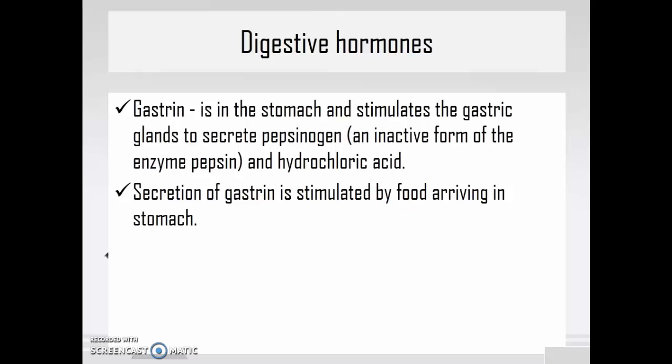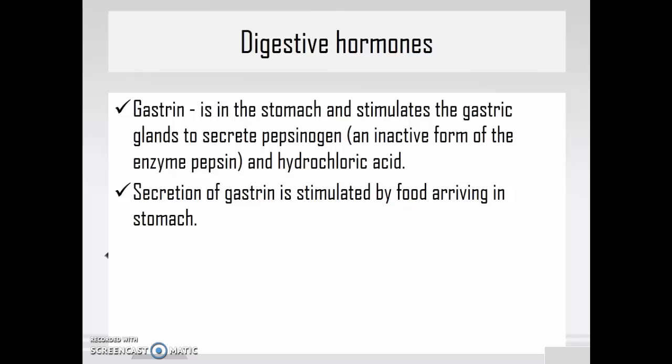And hydrochloric acid: why do we need this acid in the stomach? It neutralizes bacteria that might have reached the stomach. Secretion of gastrin is stimulated by food arriving in the stomach.